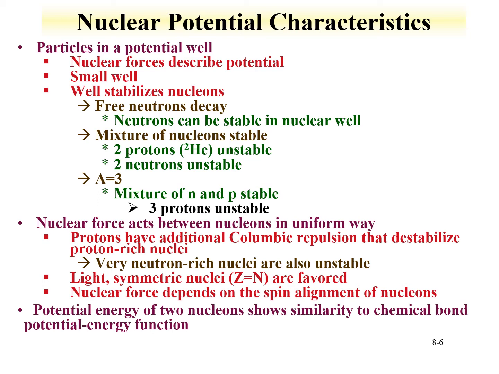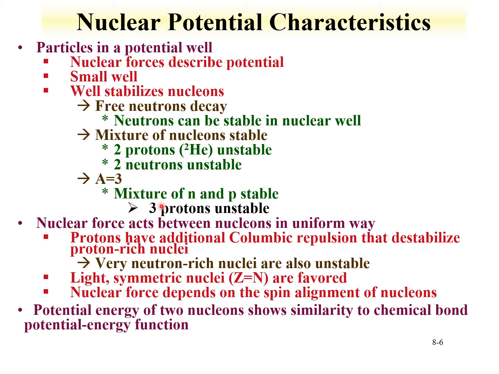It decays. Also, the way I mix nucleons can be stable. For instance, if I have 2 protons, that's helium-2, that's an unstable nucleus. 2 neutrons is unstable. But if I have a proton and a neutron together, that's deuterium, that's a stable nucleus. And I can also imagine that with A of 3, I can get mixtures of protons and neutrons that are stable.